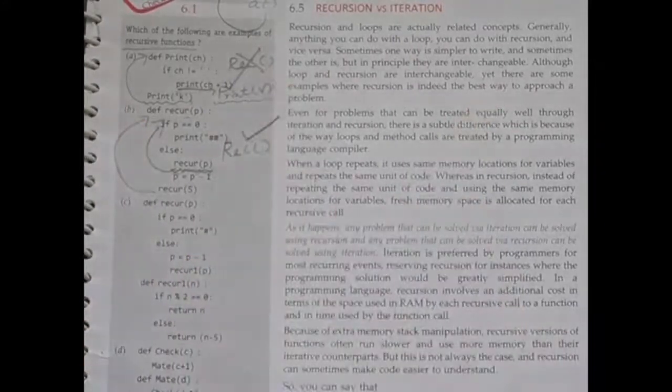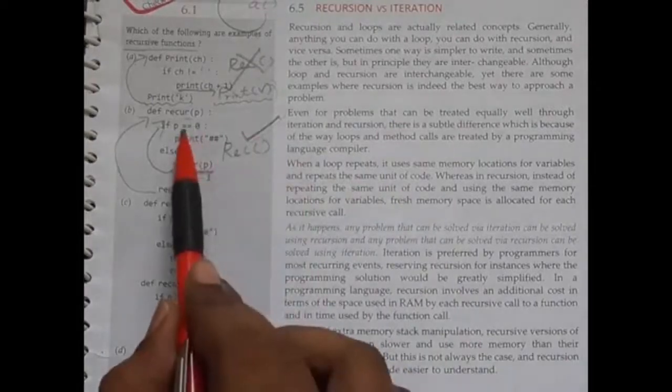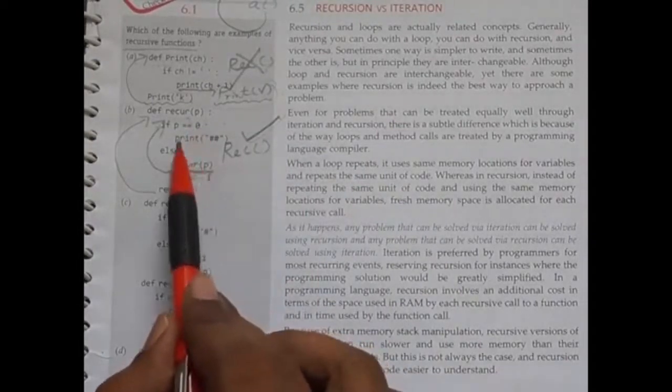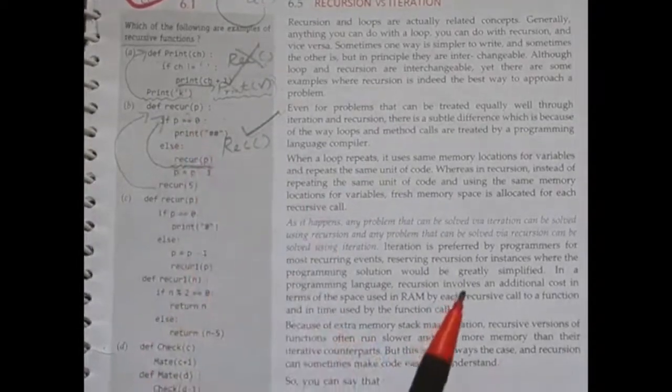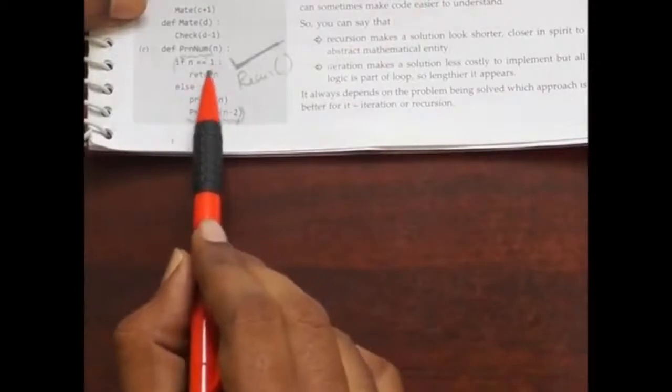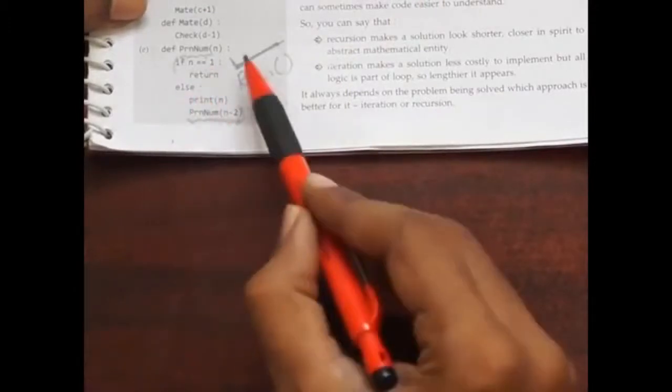What is that? After the base case condition, there should be a return statement. Listen. You see here, after the base case condition, a return statement appears, such that it is a very perfect recursive function.